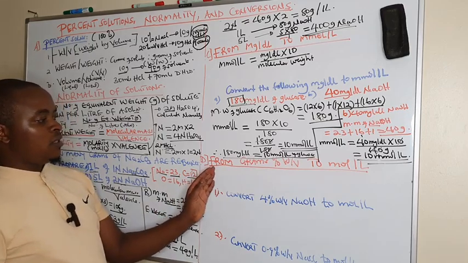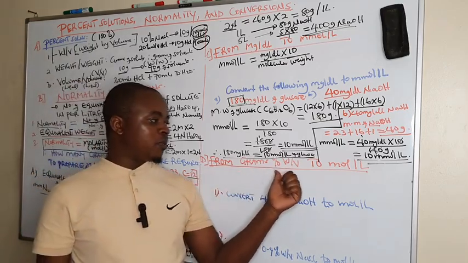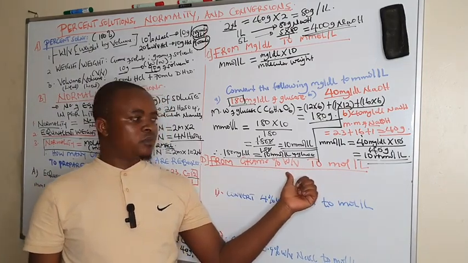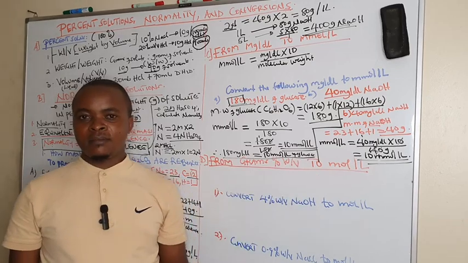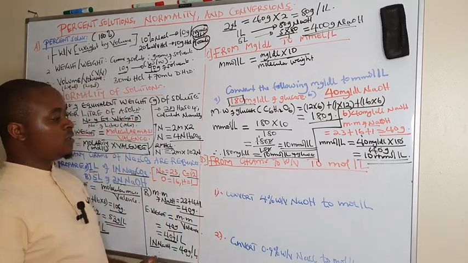Lastly, we are going to see how do we convert grams per cent weight by volume to moles per liter. That is the last part we want to see.